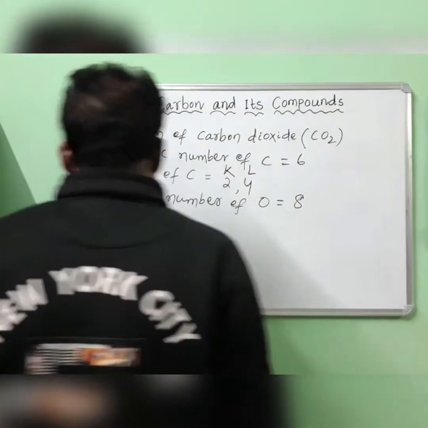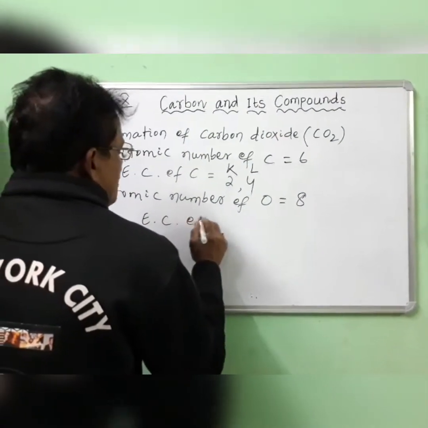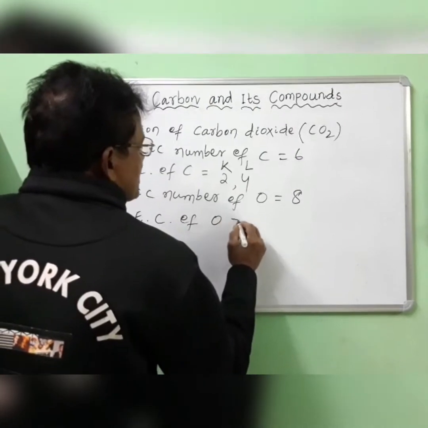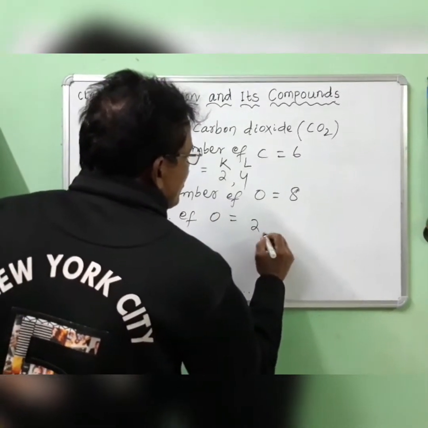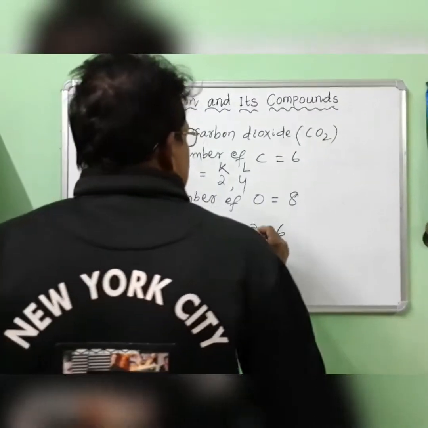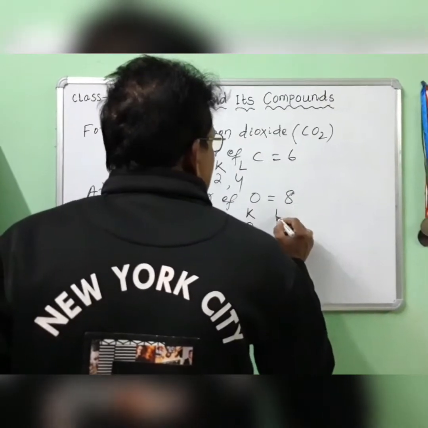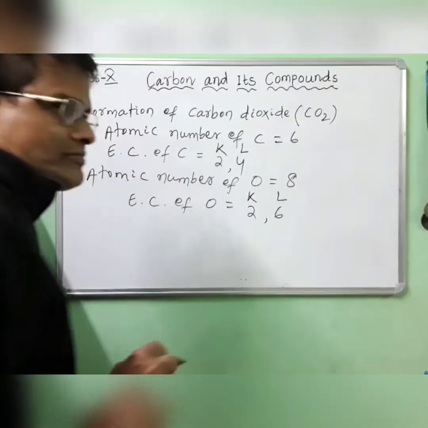Clear? Electronic configuration EC of oxygen is 2, 6. That is, it contains 2 electrons in the K shell and 6 electrons in the L shell. Clear? Okay.